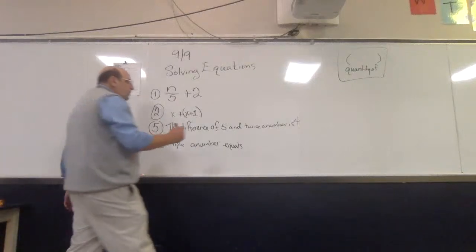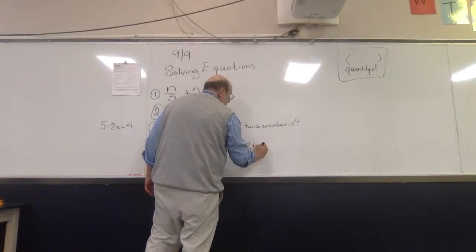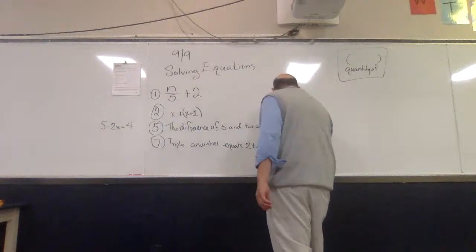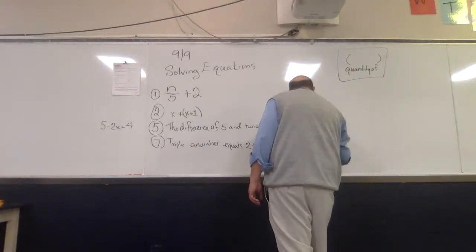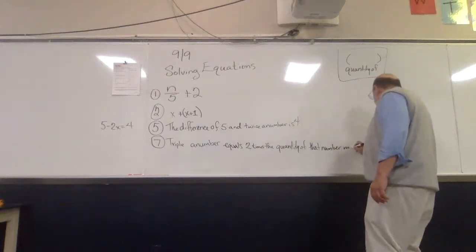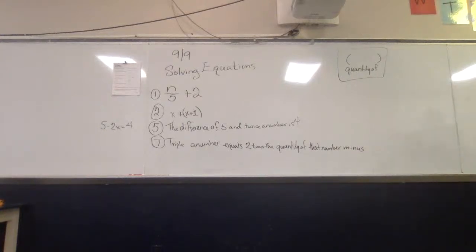So equals, I can say 2 times the quantity, and then you can just read it in order of that number minus 1, or the difference of that number and 1, right? You love that difference. That's good.